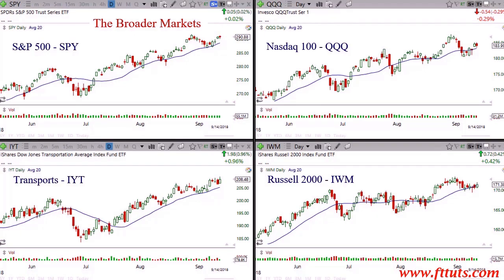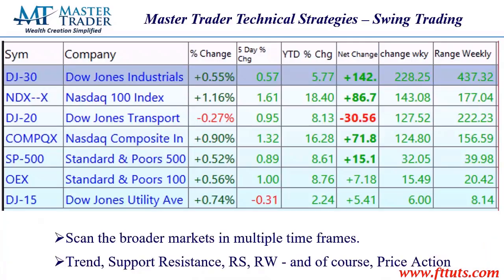Sometimes the Russell will outperform, sometimes it underperforms. But with the tools you've already acquired in this course, you can come to really intelligent conclusions as to what is outperforming and underperforming, and whether you want to trade the broader markets or continue the analysis further down.